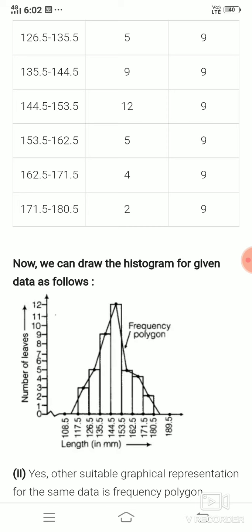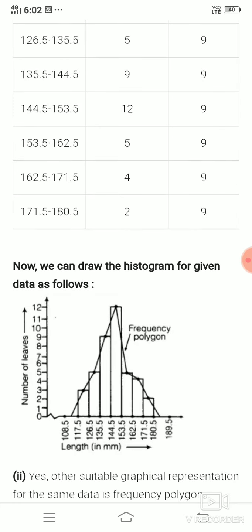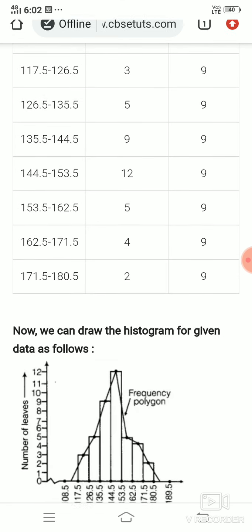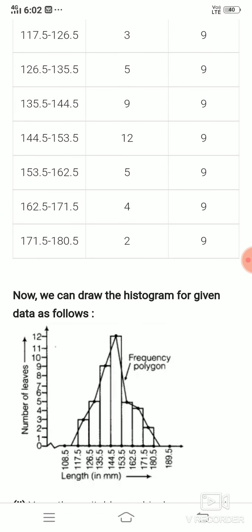Introduce the break symbol on the x-axis, and then you can draw the continuous bar graph. The first bar is from 117.5 to 126.5, and continue the graph.